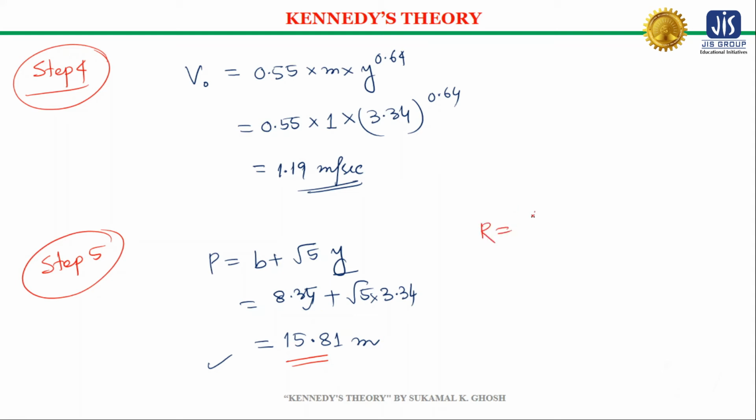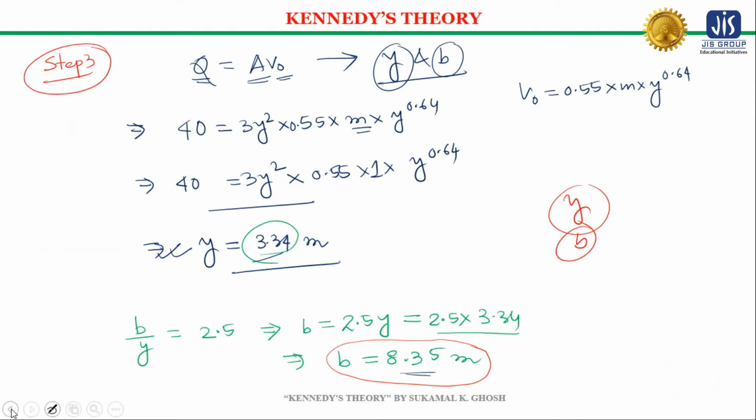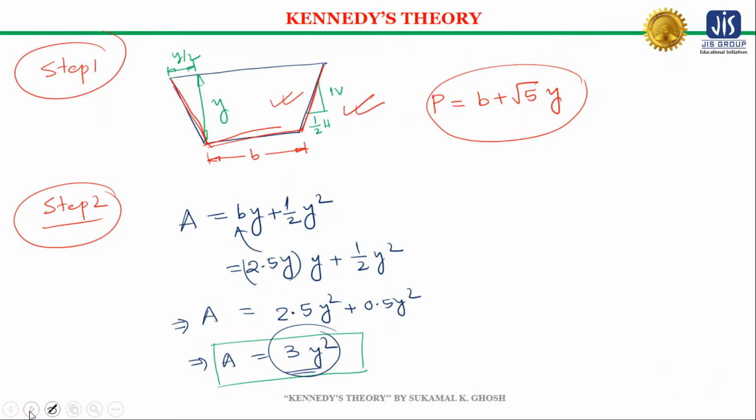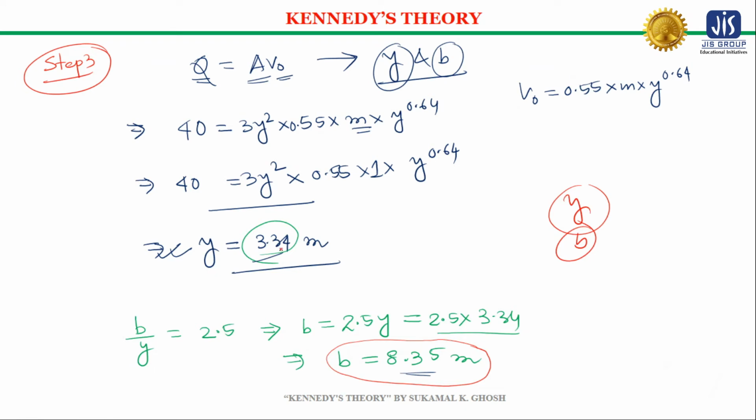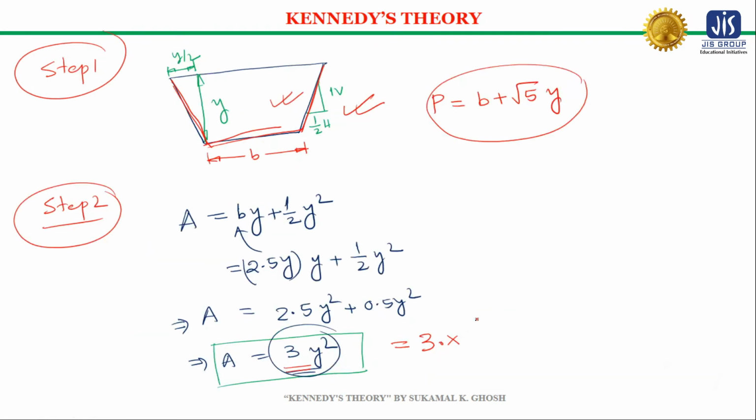R is equal to A by P. The value of A is 3y squared, so we can calculate A, that is 3 into the value of y, we have got 3.34, so 3.34 whole square.